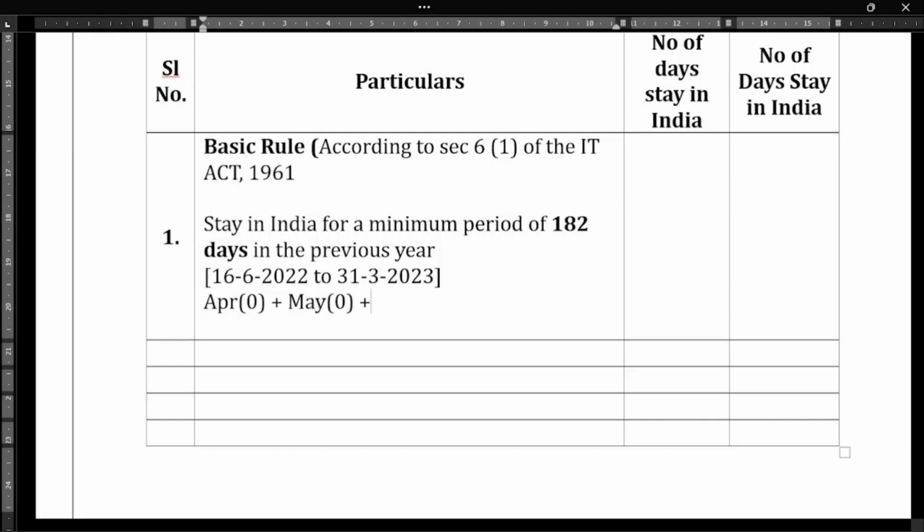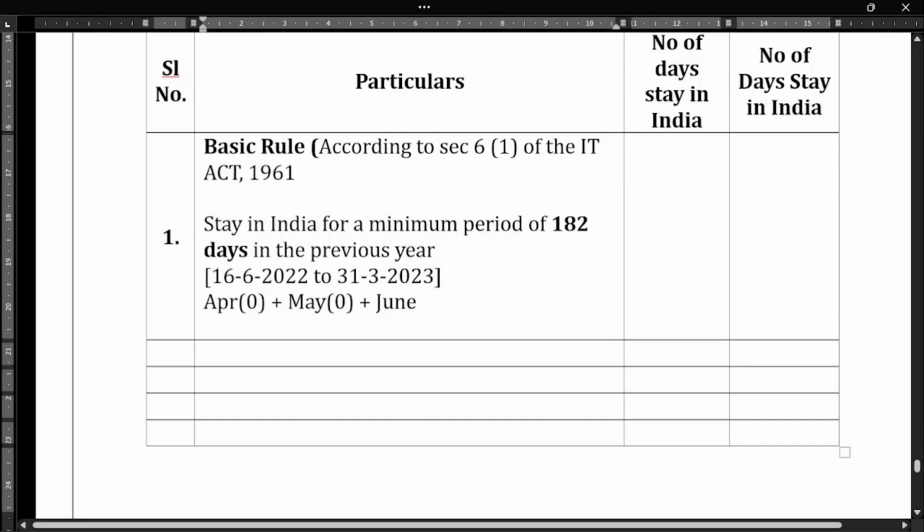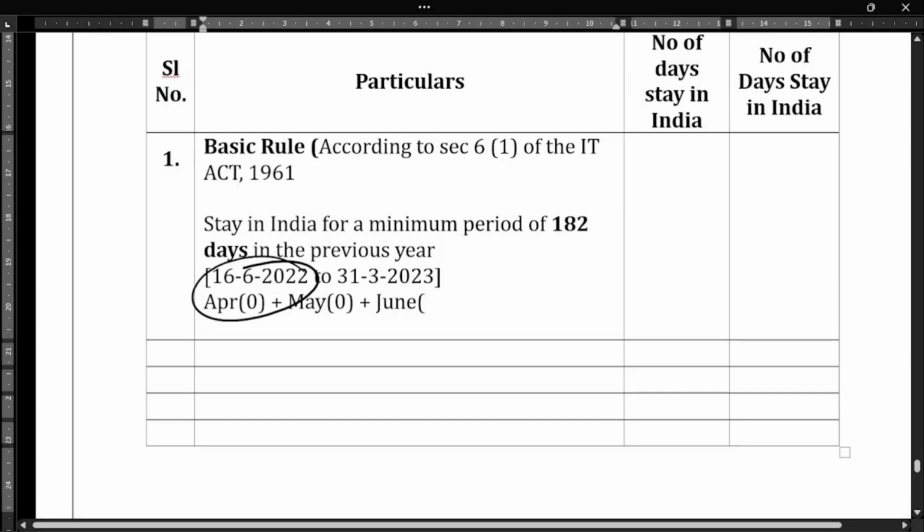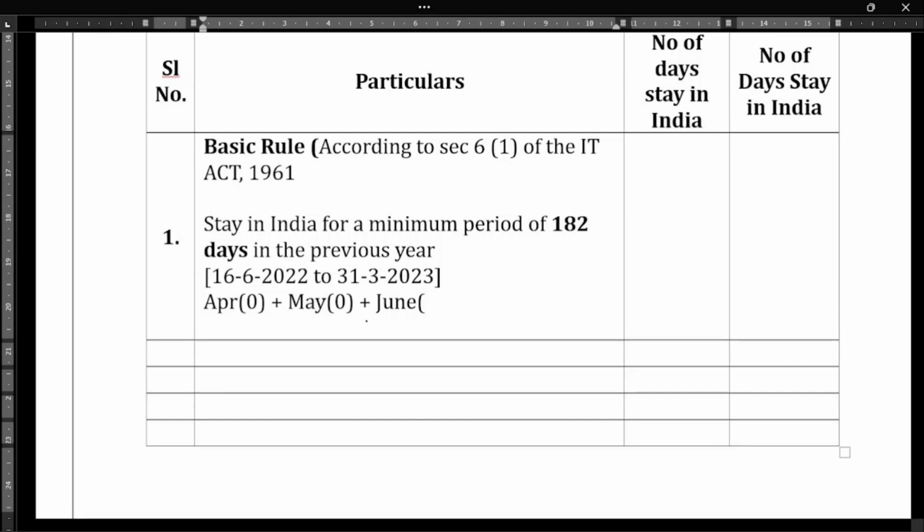He came to India on 16th June, so we must count from the 16th: 16, 17, 18, 19, 20, 21, 22, 23, 24, 25, 26, 27, 28, 29, 30. In June there are 30 days in total, so in June he is there for 15 days.